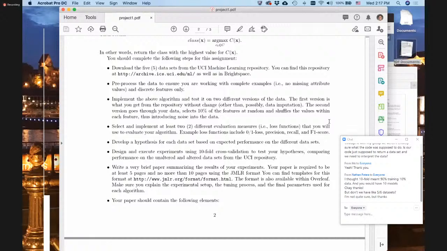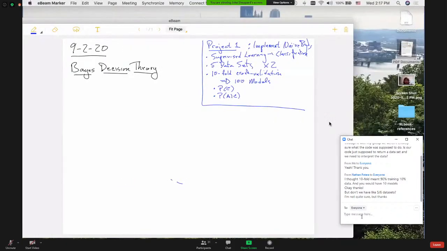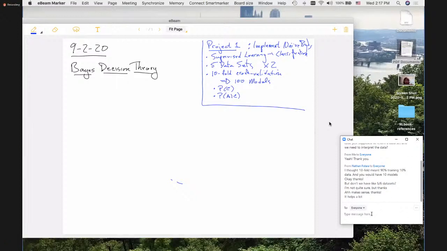Once you've done that, you now have a different data set, and that's where you get 5 additional data sets. Nathan, does that help? Okay, cool. Any other questions on the project? Okay, then let's move on.